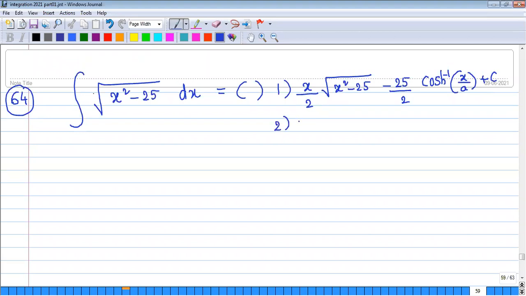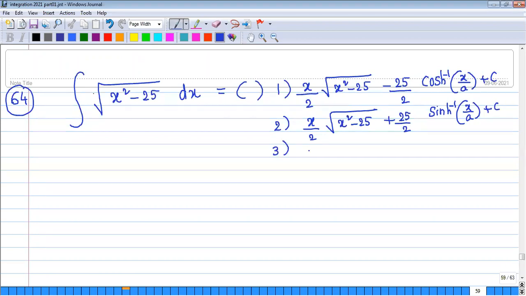Second one: x by 2 root of x square minus 25 plus 25 by 2 sin h inverse x upon a plus c.